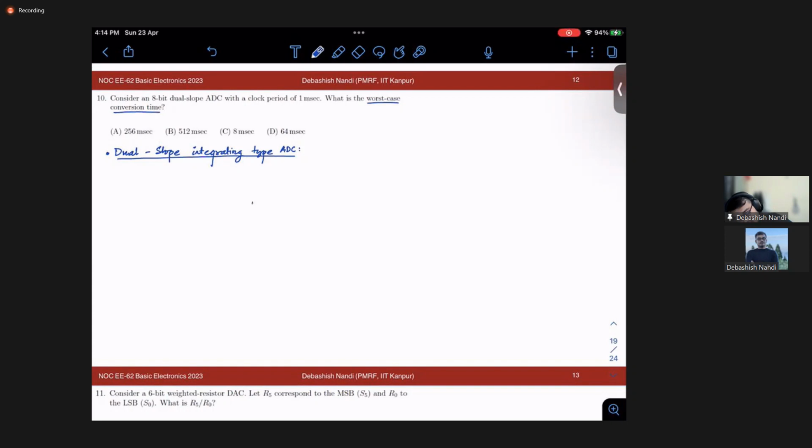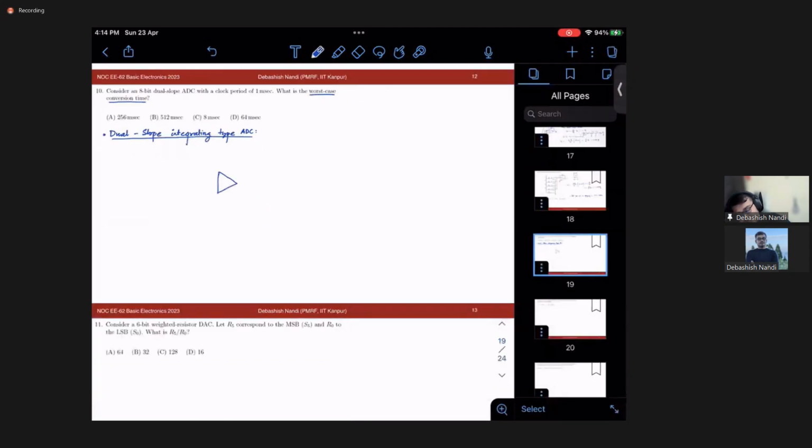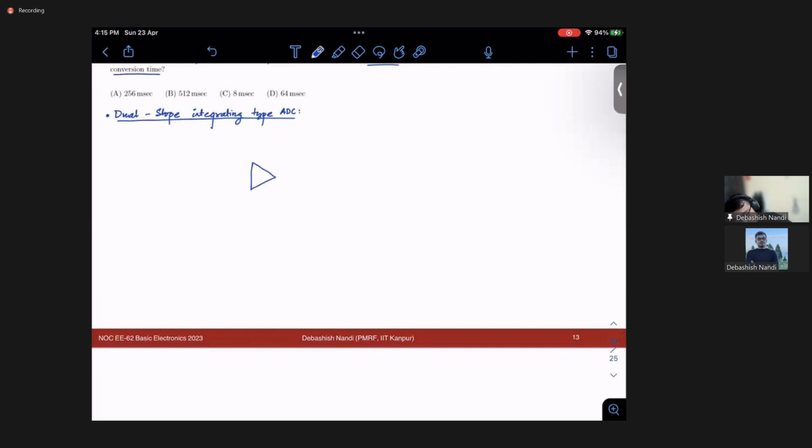Okay. So first, let me make one integrator. Just let me add one more page. How do you make an integrator? Remember, you have resistance, you have this capacitance. Okay, so this is your integrator.